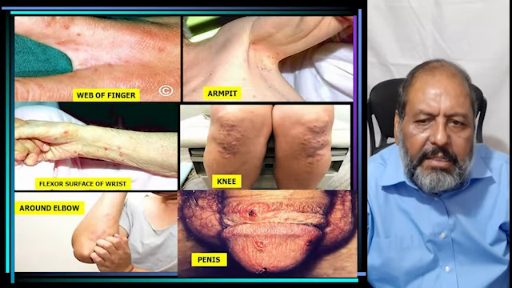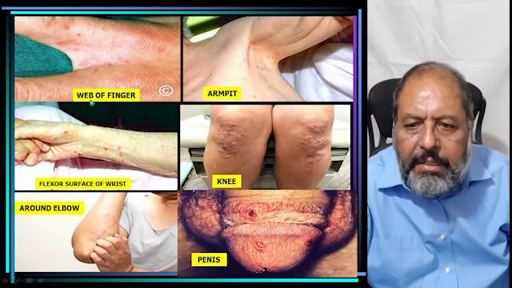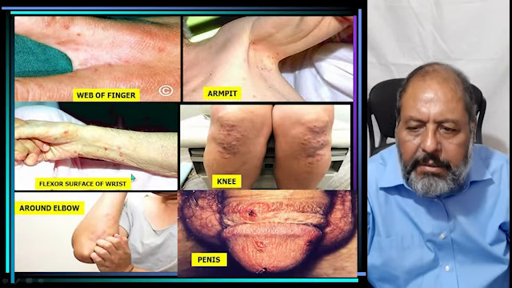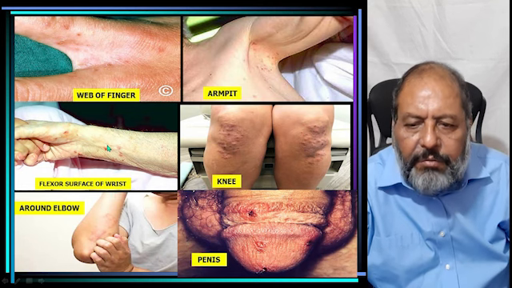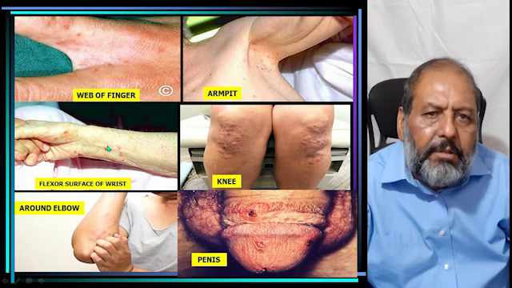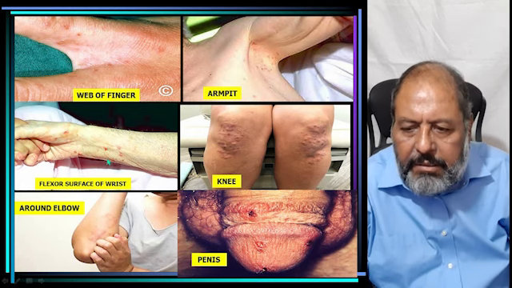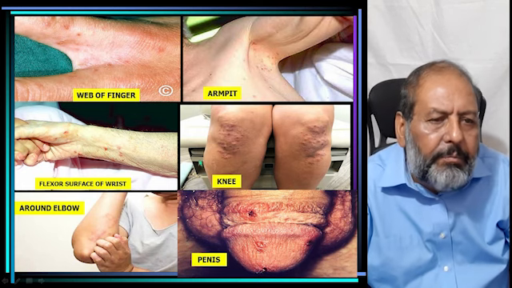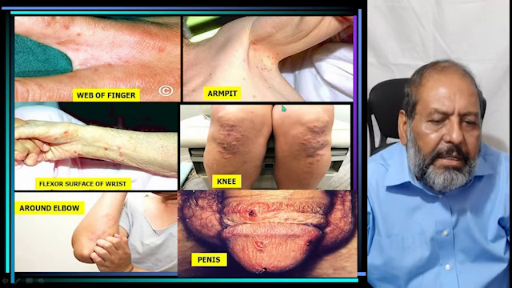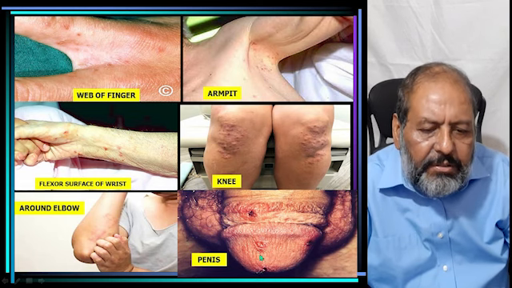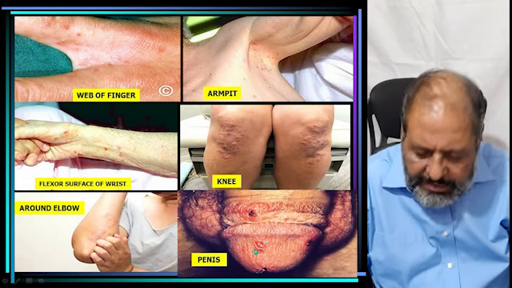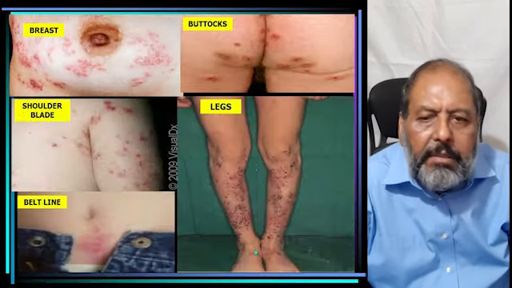Here one can see the lesion in the web of the finger, then the flexor surface of the wrist, which is transmitted when one shakes hands with another, around the elbow, in the armpit, in the knees, and in the penis in case of a male.